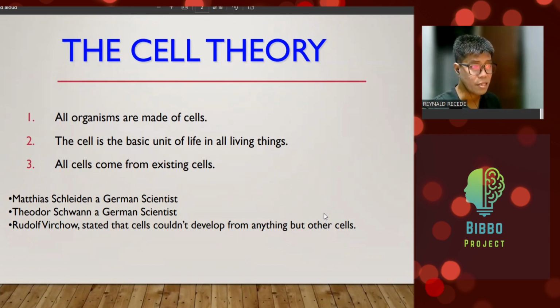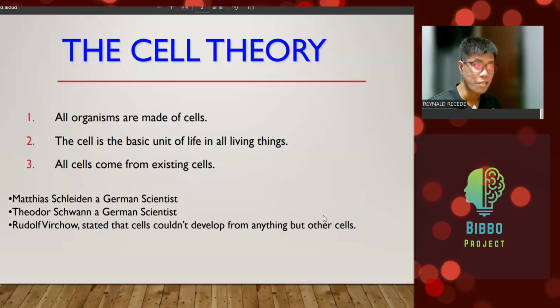Next, it's the basic functional unit of life because even if the organism is only made up of one cell, it can carry out all the basic life functions. Ano yung basic life functions? Growth, consumption of food, digestion, response to stimuli.